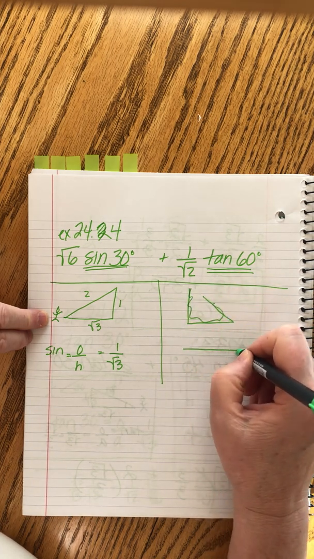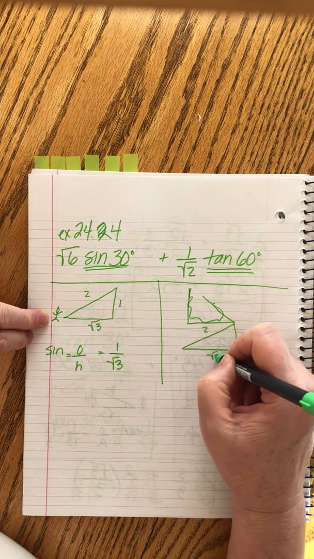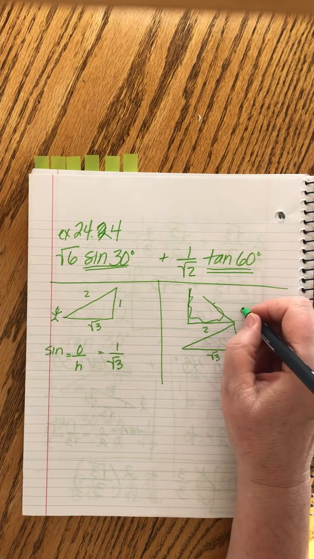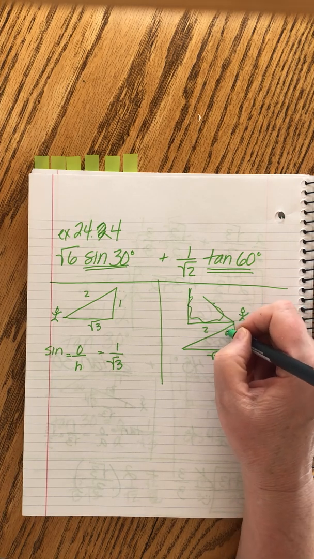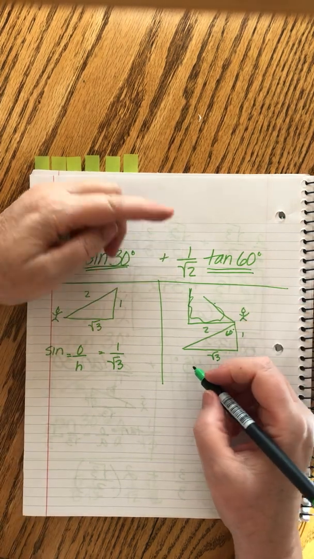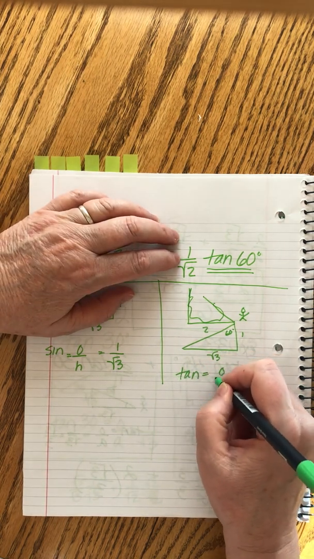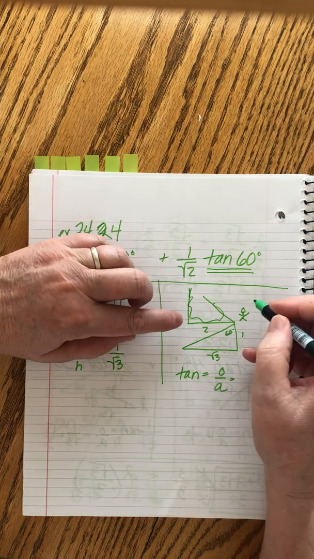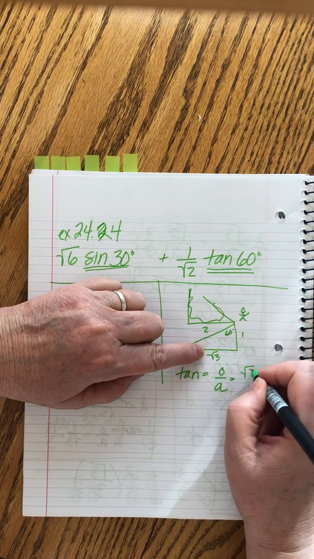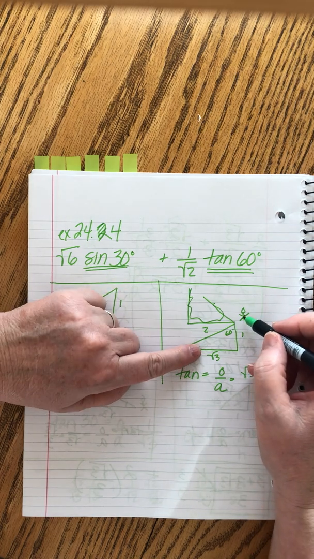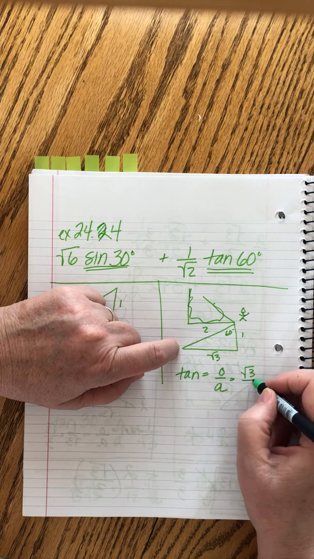It's this one again: 1, 2, square root of 3. But this time we're at the 60-degree angle. We're up here, right? So when we go to find the tangent, which is Oscar Had... sorry, Toa, opposite over adjacent, we want the opposite from up here, which is the square root of 3, and then we want the adjacent, which is 1.